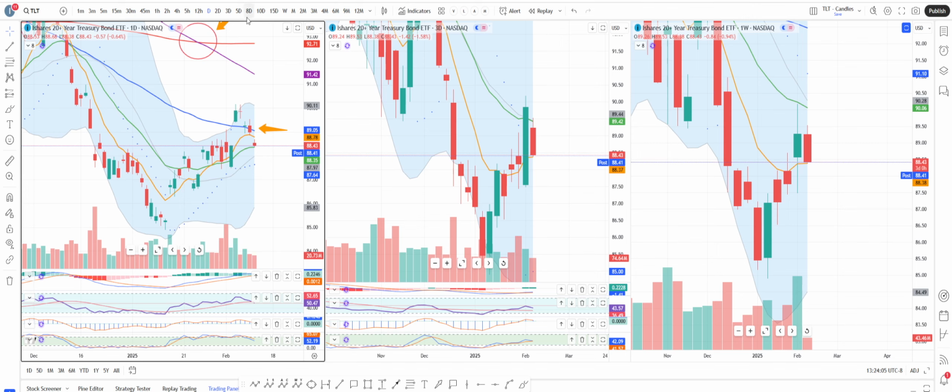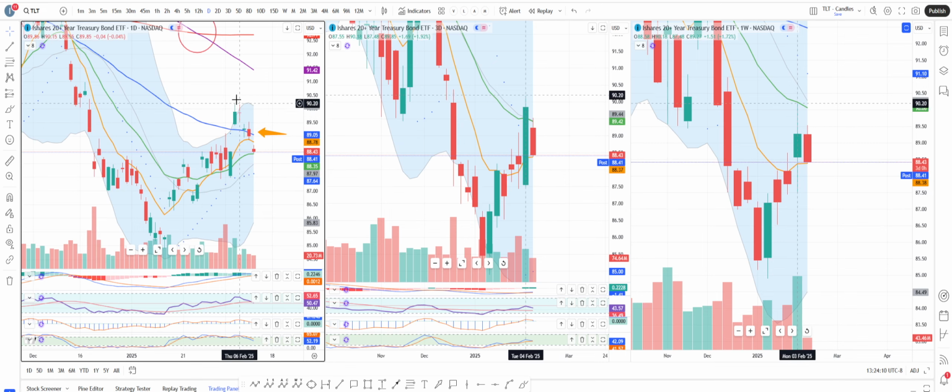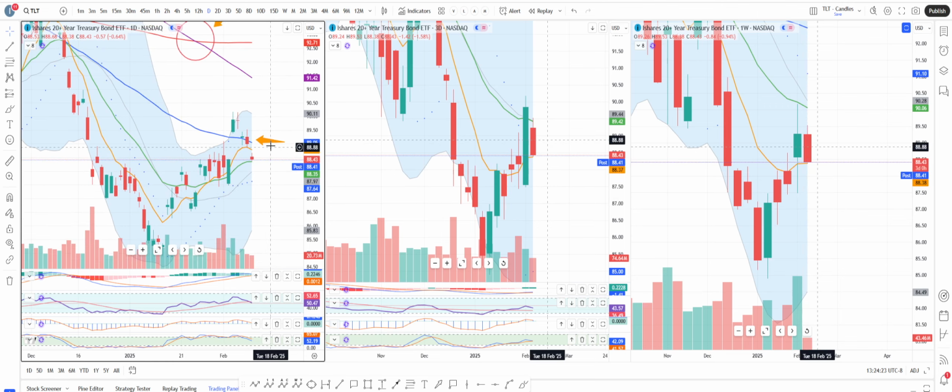And from the candles perspective, what we are seeing today is a technical reversal pattern, and another red candle moves down. So the chances for a continued move down are fairly high at this moment. And yesterday, TLT lost the 50-day moving average support.